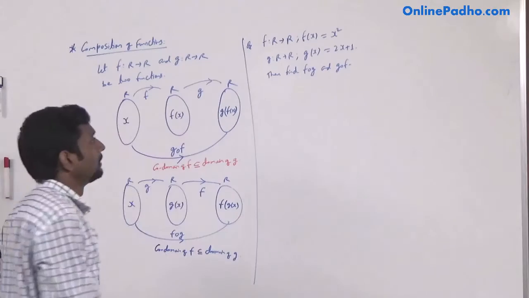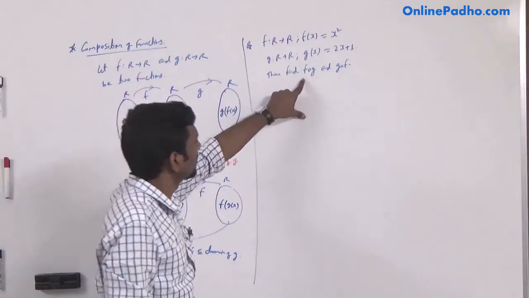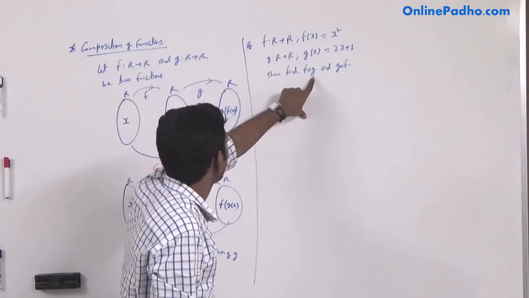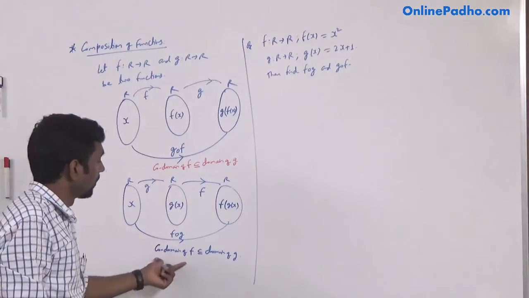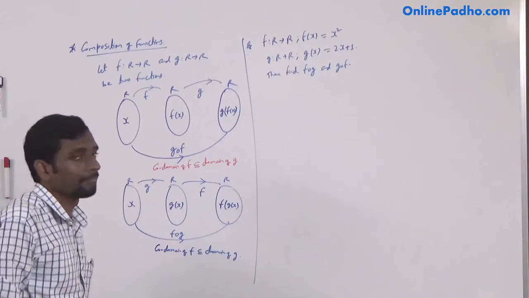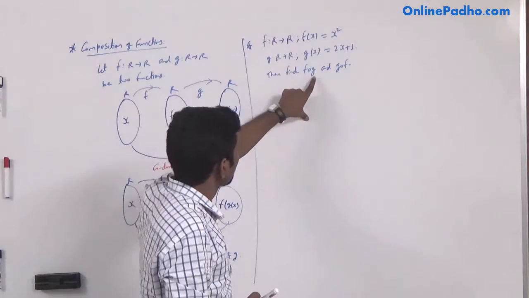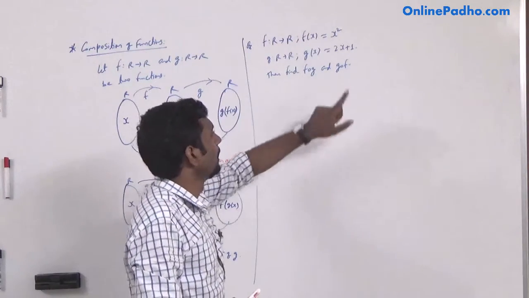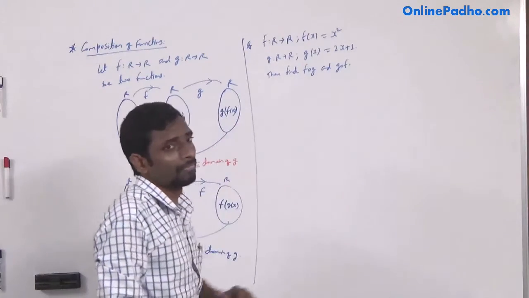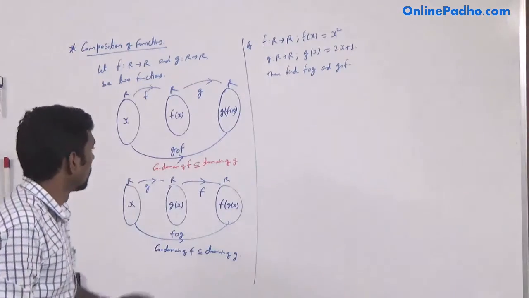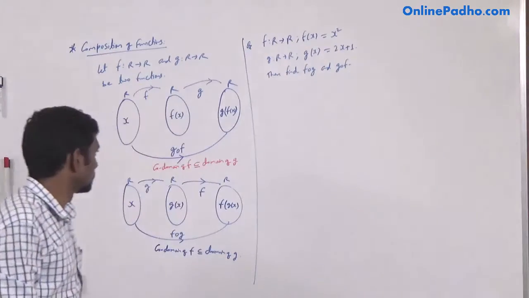How can we find f∘g? To find f∘g, first we have to check. What do we have to check? To find f∘g, we have to check that the codomain of g is a subset of the domain of f.